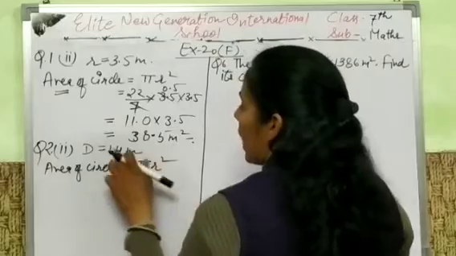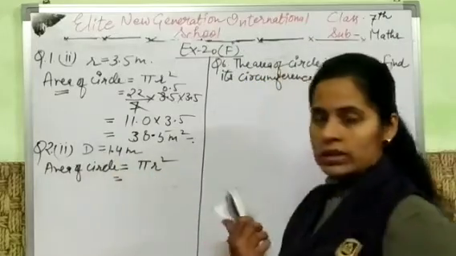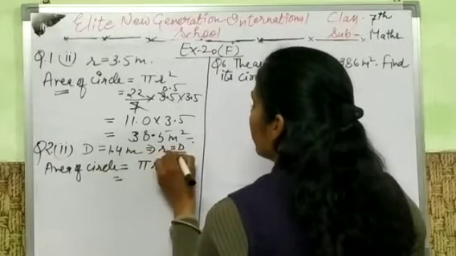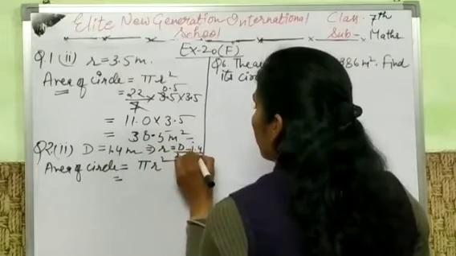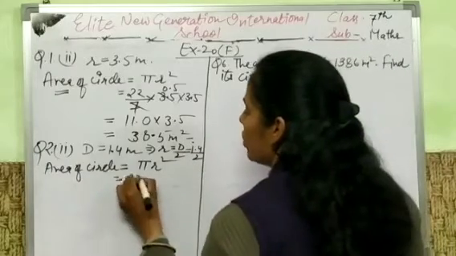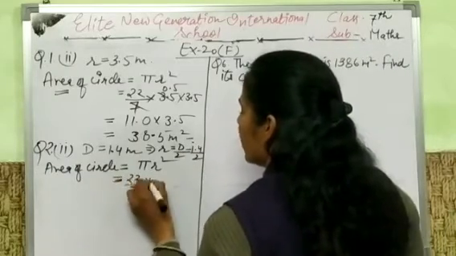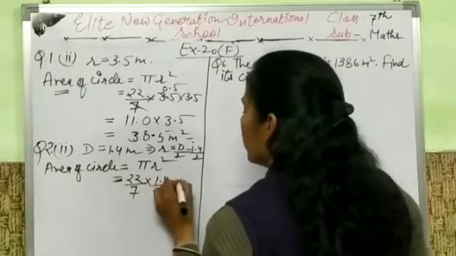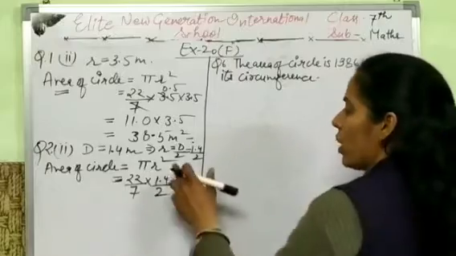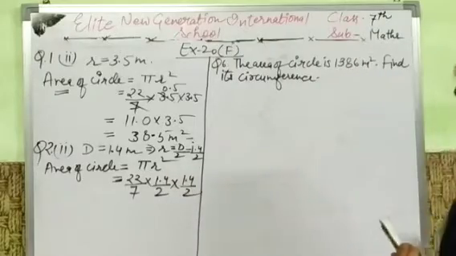But here r is not given, but we can easily find r, because r is equal to d upon 2, 1.4 upon 2. Okay, so here put this value of r. So 22 upon 7 into 1.4 upon 2 into 1.4 upon 2 because here r is 2 times. We have to take the value of r 2 times, right?